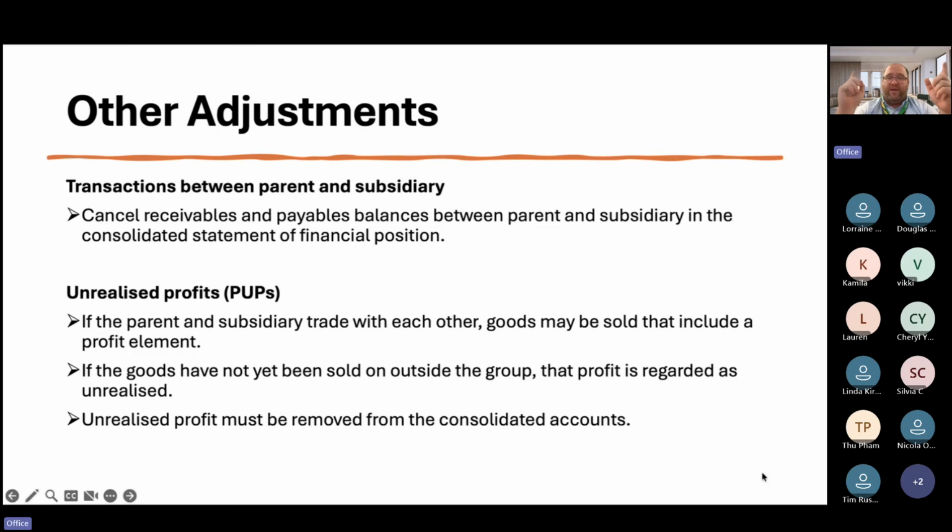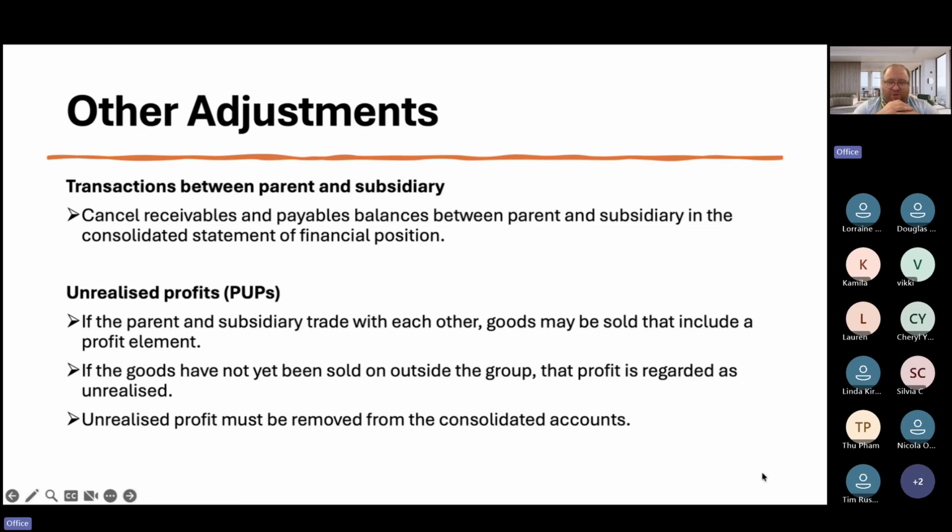The reason is that you are now considering one financial entity, so it doesn't matter if they bought from them and they owe to them, because it's all the same entity. So you can just cancel the balances. Where it becomes slightly more complicated is this concept of unrealised profit, or what's known as PUPs, potentially unrealised profits.